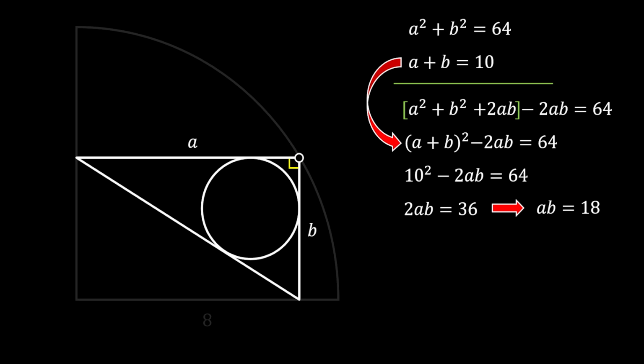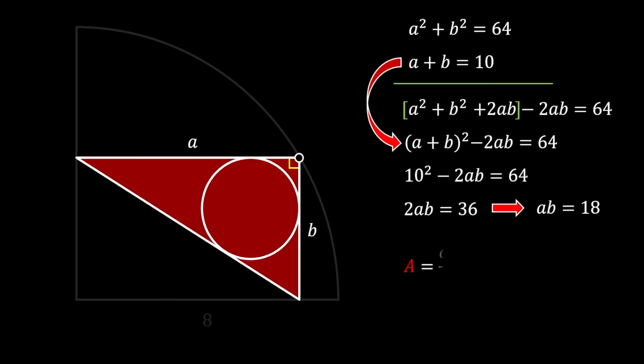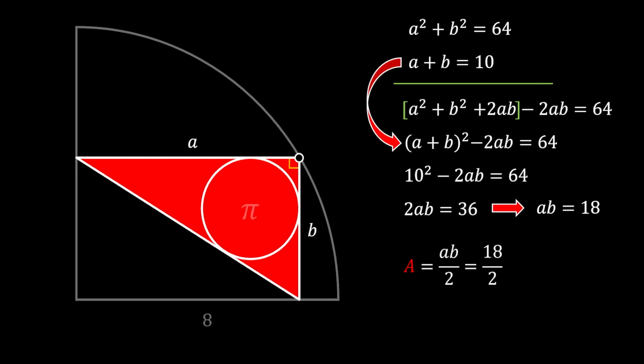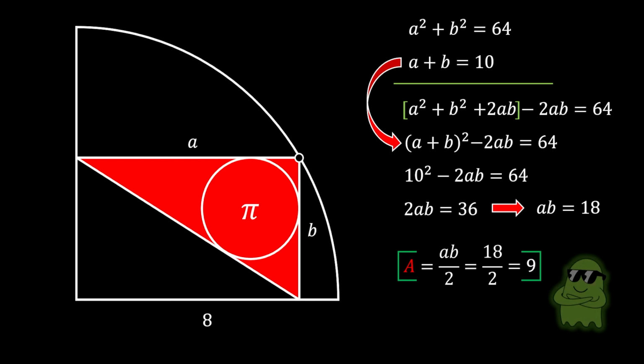And since we know that the area of the right triangle is equal to half of the product of its legs, we can just substitute our value a times b and get that our red area is equal to 18 over 2, which means that our wanted area of the red triangle must be equal to 9 square units, and this is our solution.